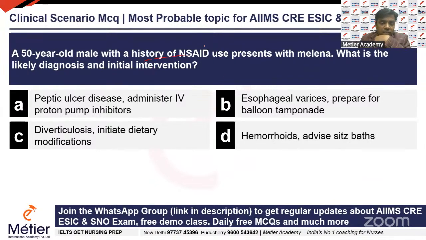A 50-year-old male with a history of NSAID use with melena. So peptic ulcer disease, give IV proton pump inhibitor. Melena, what is it like?